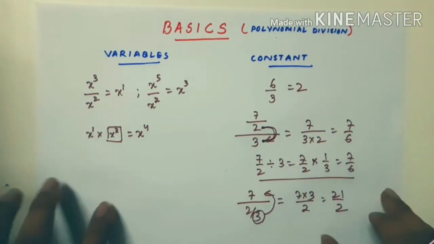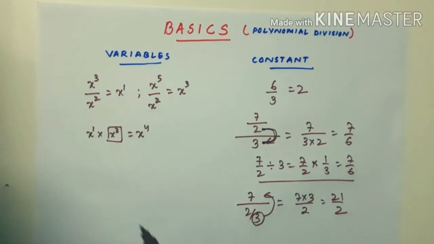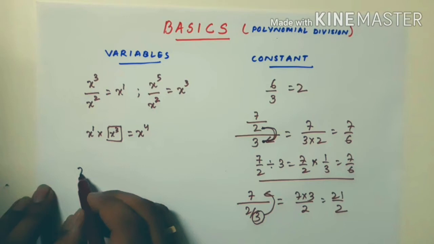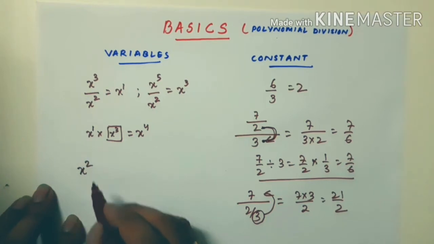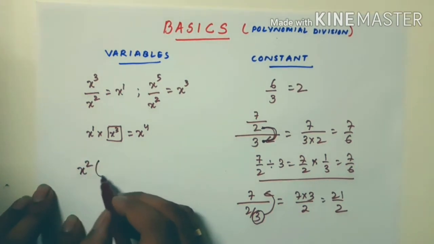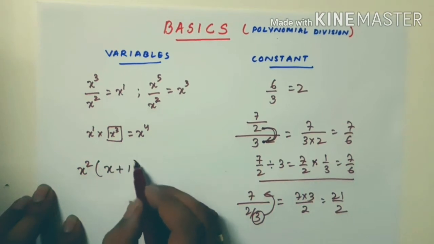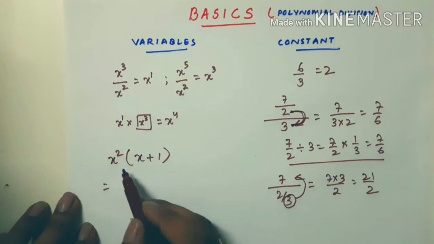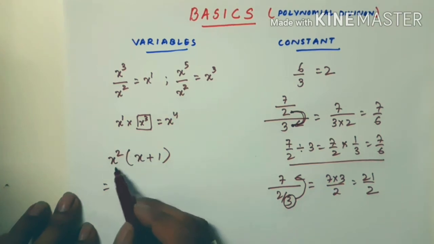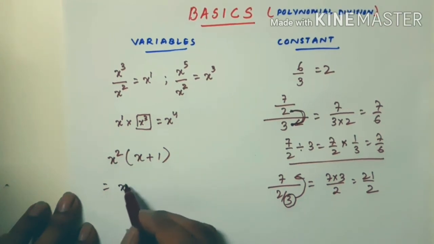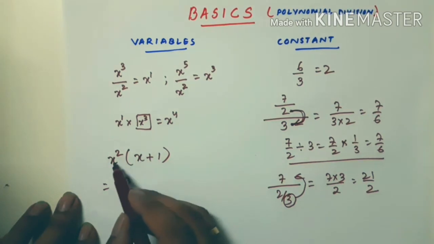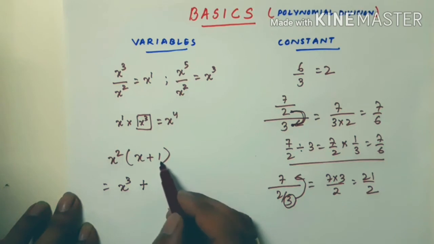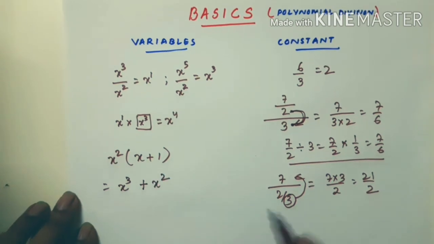Now similarly, we will get a situation like this with variables. Suppose x squared is multiplied with x plus 1. x squared into x becomes x to the power of 3, plus x squared into 1 becomes x squared.